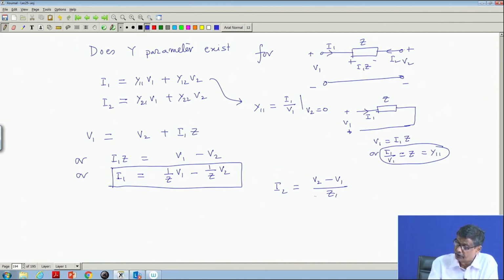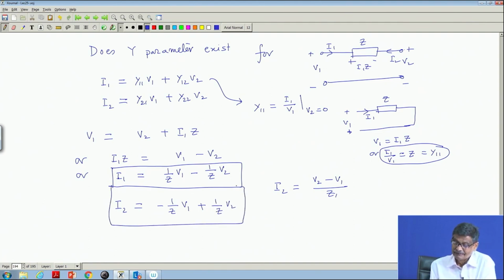So, the current from right to left is this I2, and I2 is equal to minus 1 over Z into V1 plus 1 over Z into V2. So, what is the value of y11? y11 is nothing but 1 by Z. What is y12? Minus 1 by Z.